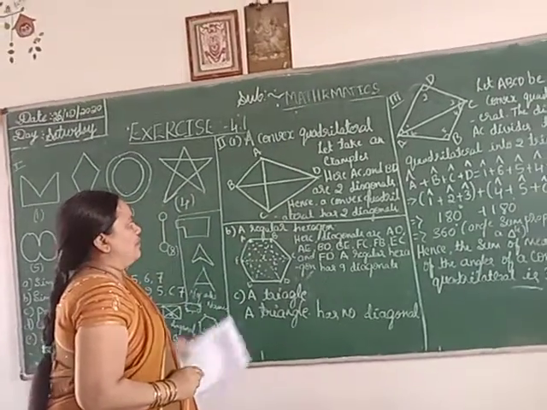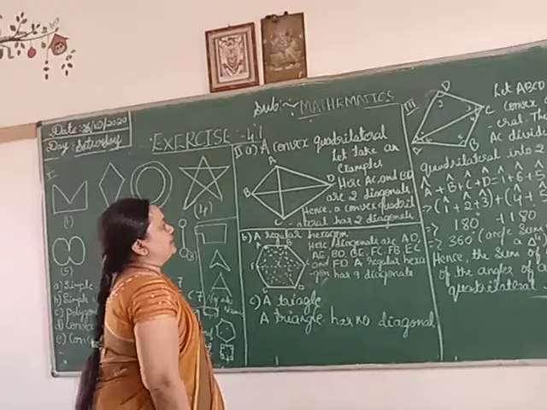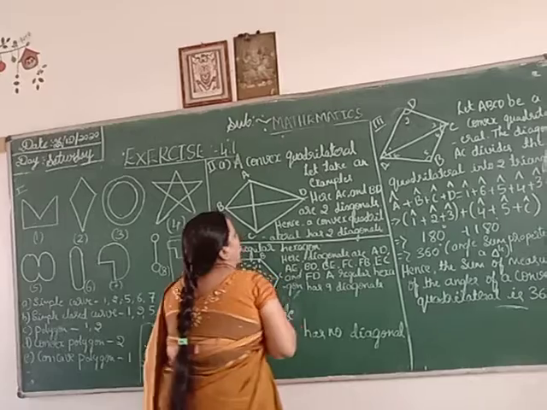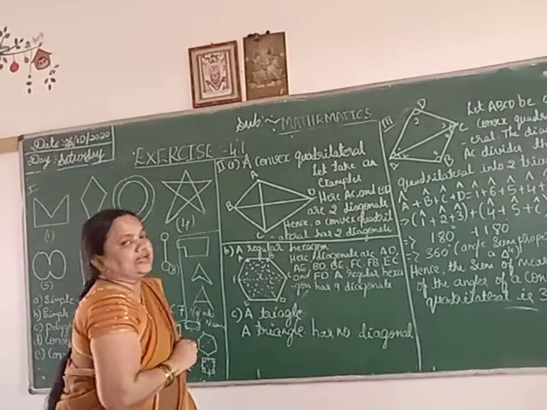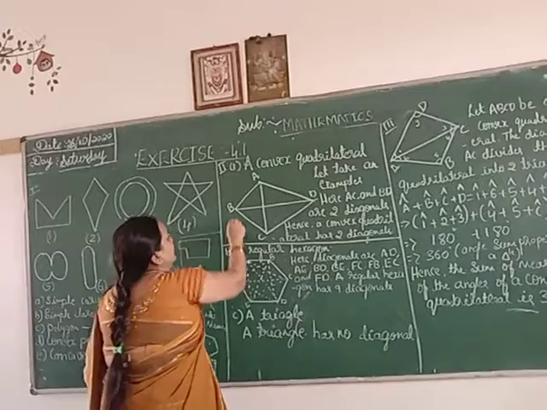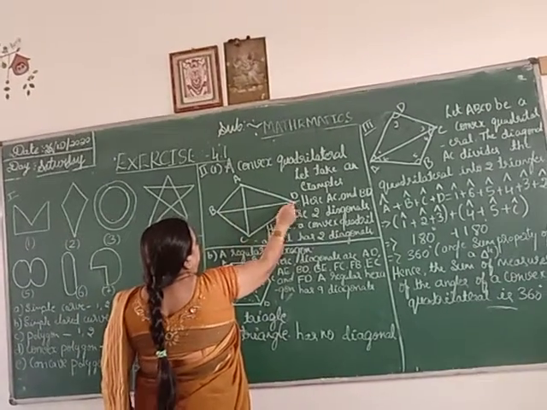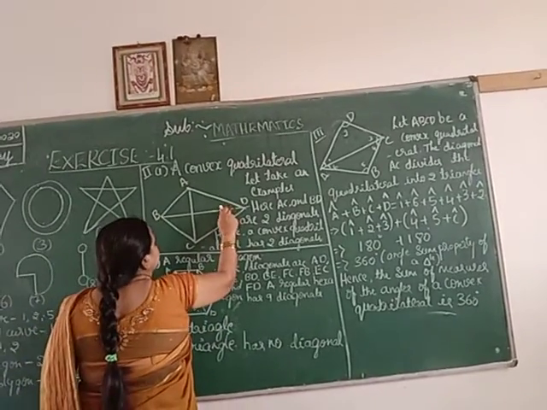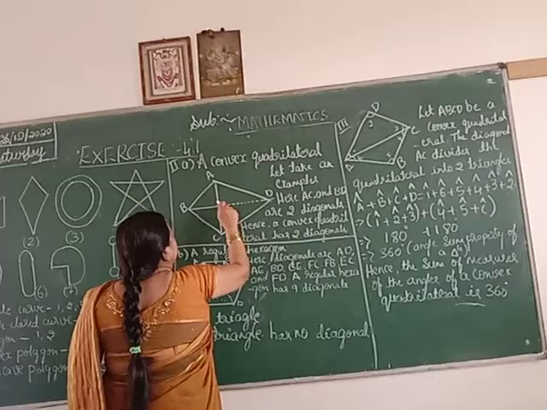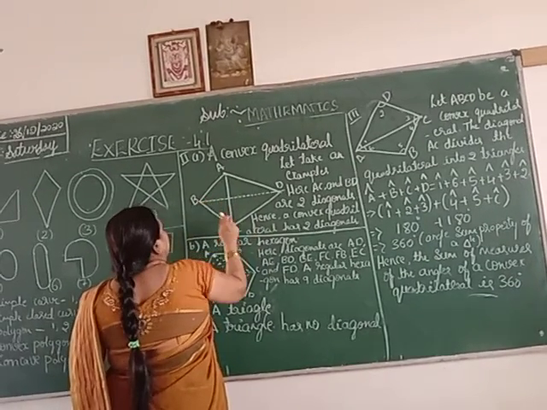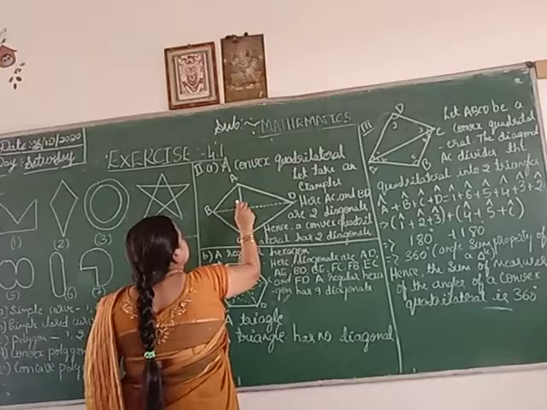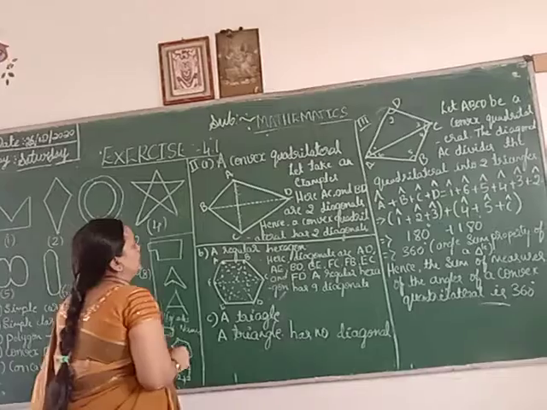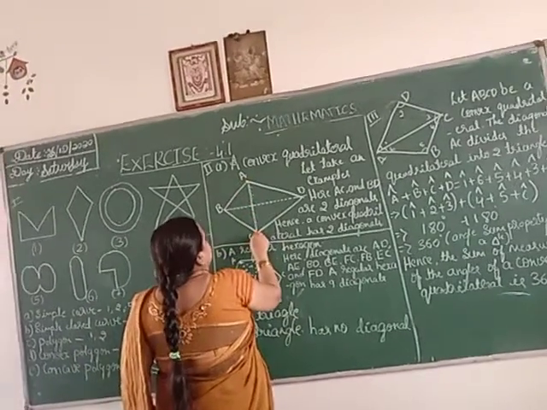Okay, so we took a convex quadrilateral. In this, how many diagonals are there? What did I say diagonals are? A line segment joining non-adjacent vertices we call a diagonal, isn't it? Now look here, this is a convex quadrilateral.